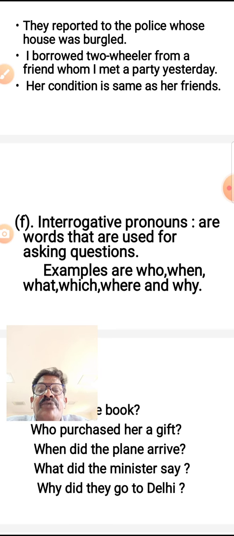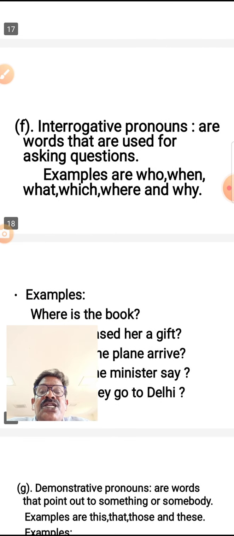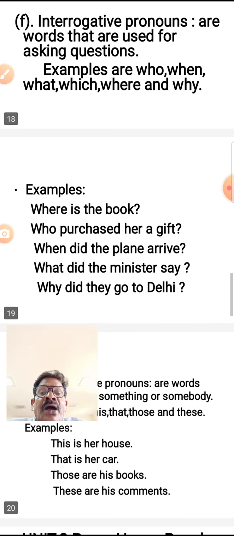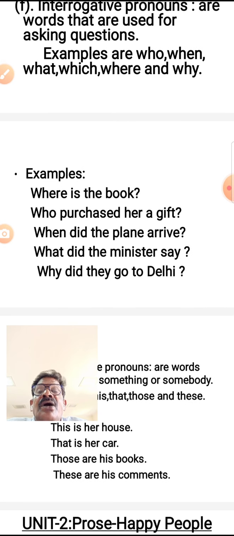Examples are: who are you, when did you come, what is your name, which class are you studying, where did you come from, why didn't you come, like that. These are called interrogative pronouns. And for your clarification, some examples have been given here.